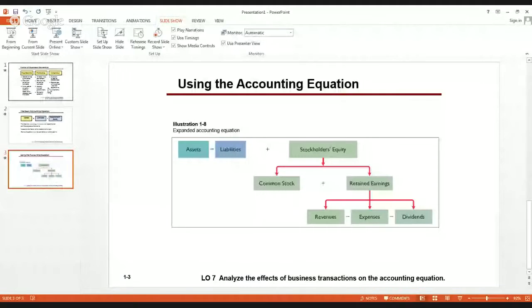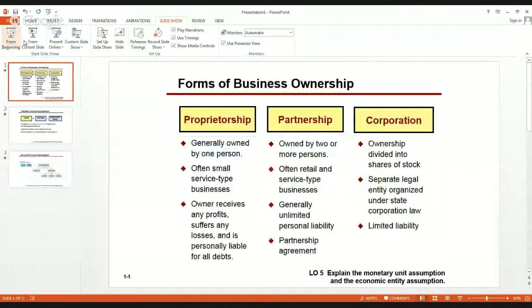I just want to take a few minutes and go over some of the key points of what we covered in week one as we move into our week two class. We did touch on the accounting equation, and I want to make sure that we're familiar with that.